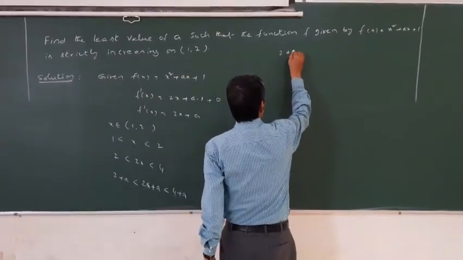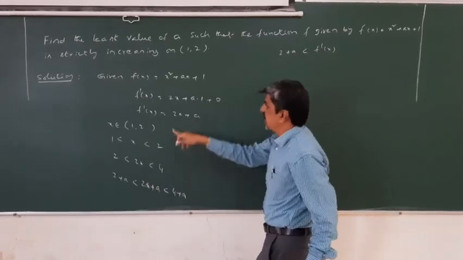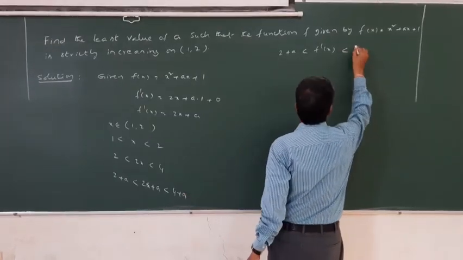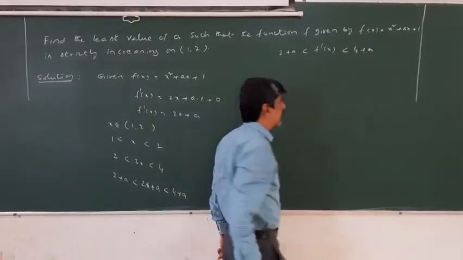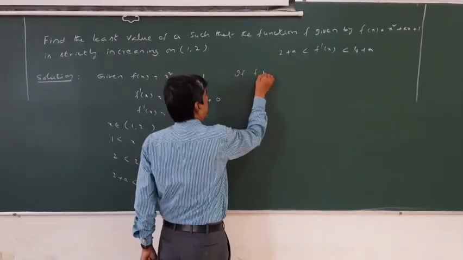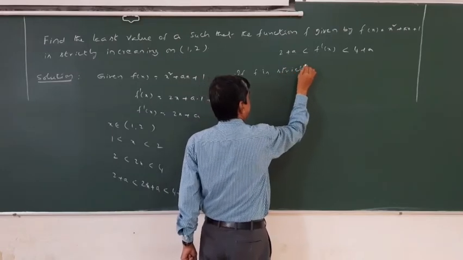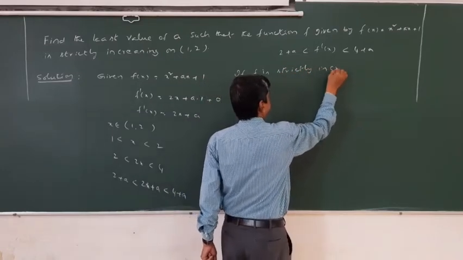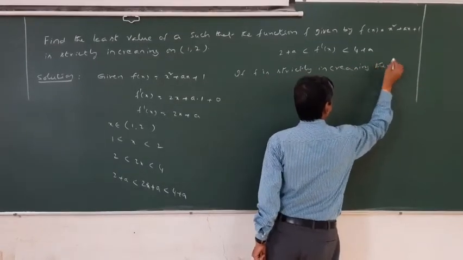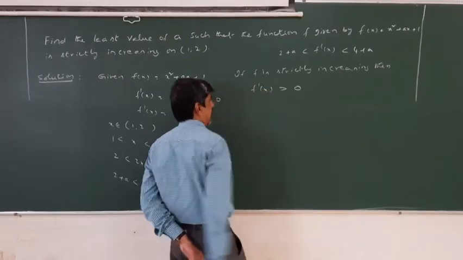So 2 plus a is less than this 2x plus a, which is nothing but f dash x, which is less than 4 plus a. If f is strictly increasing, then f dash x is greater than 0.